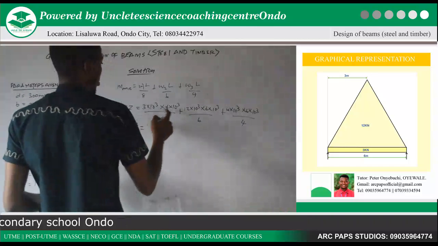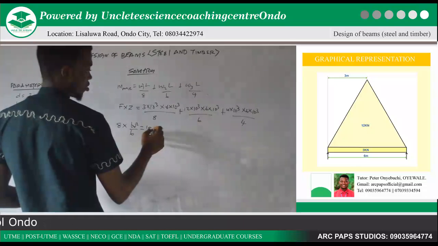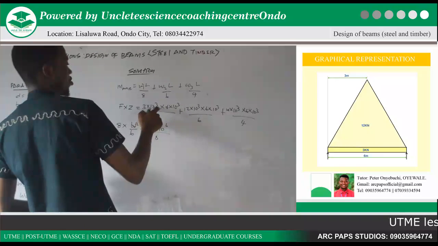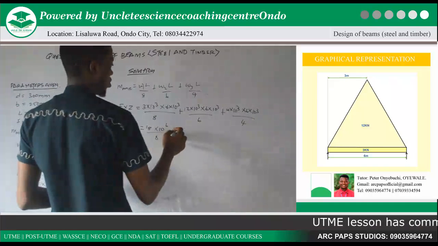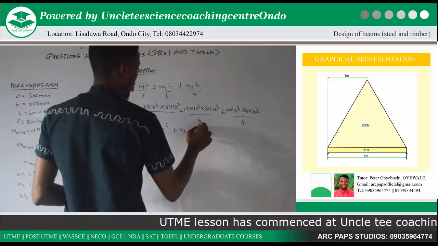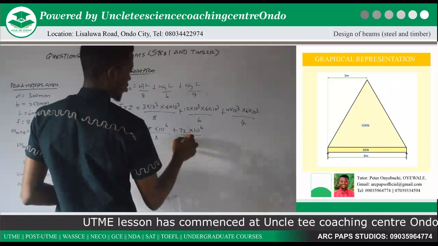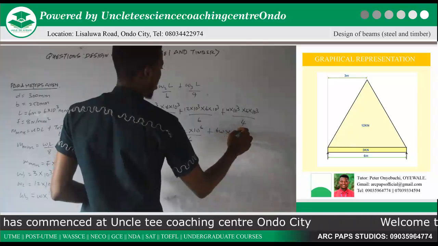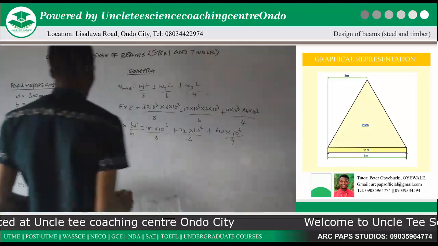Now we know our Z to be BD square over 6, so I'm still just going to replicate that. Now 3 times 6 will give us 18, 10 raised to the power 3 times 10 raised to the power 3, which is 10 raised to the power 6 divided by 8, plus 12 times 6, that's 72, times 10 raised to the power 6 divided by 6, plus 6 times W, which is 6W times 10 raised to the power 6 divided by 4.